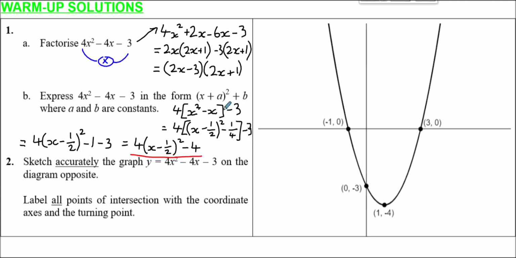So we've got this function in two different forms, completed square form and factorised form. Put them together, we've got the roots and the turning point as well. So we can see here, if this bracket were equal to 0, x would have to be 1.5 or 3 over 2. So one root is halfway between 0 and 3, so one root is going to be 3 over 2, which is here.